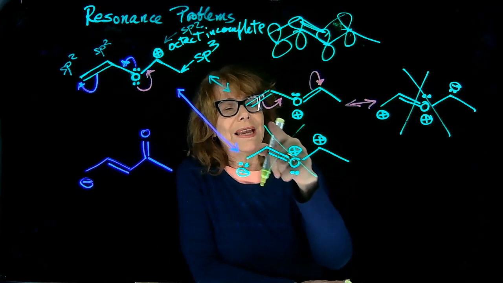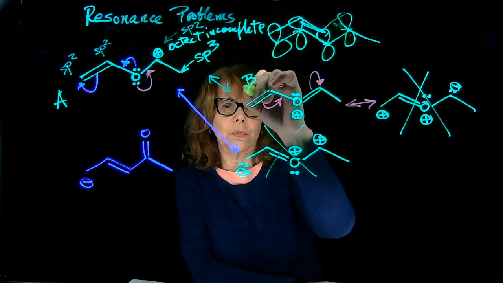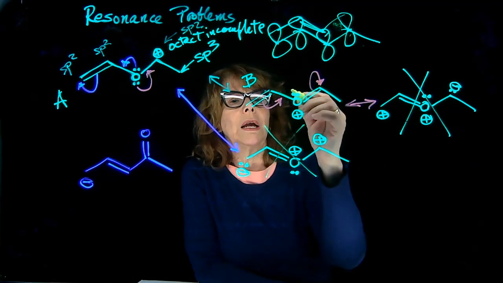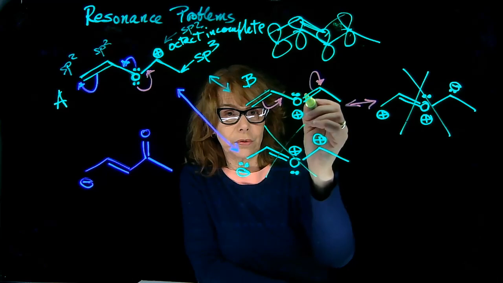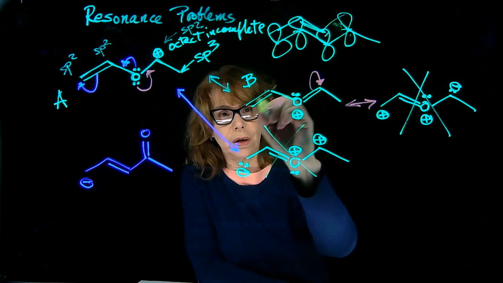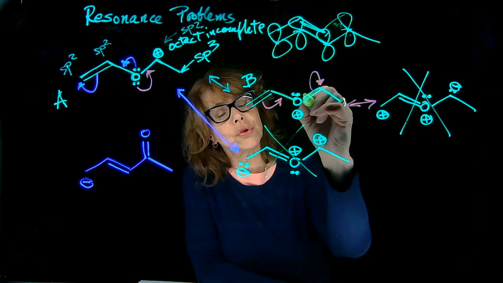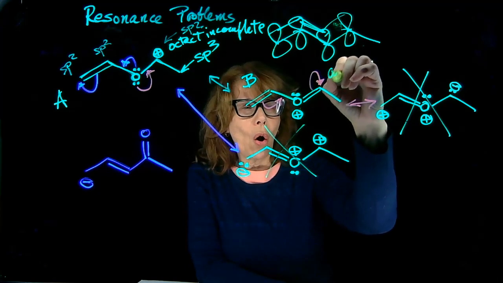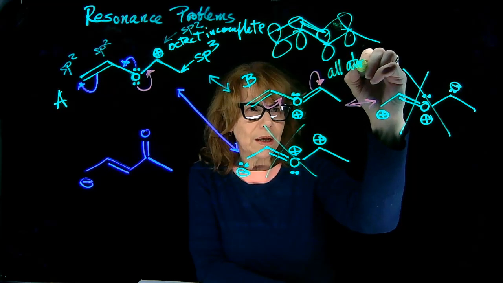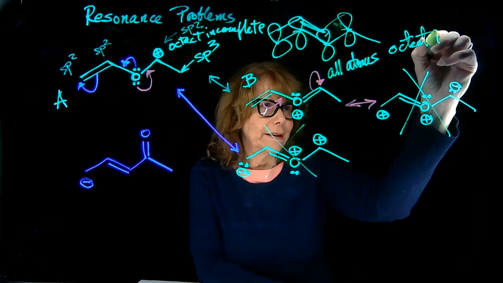Now, in the structure here, let's call this A. This I'm going to call B, and essentially that's it. In this structure, the octet is complete in all of the atoms. Notice here you have all of that complete, and even for the oxygen, you count 2, 4, 6, 8. So for all atoms, the octet is complete.